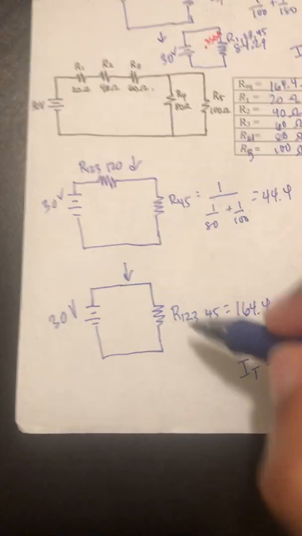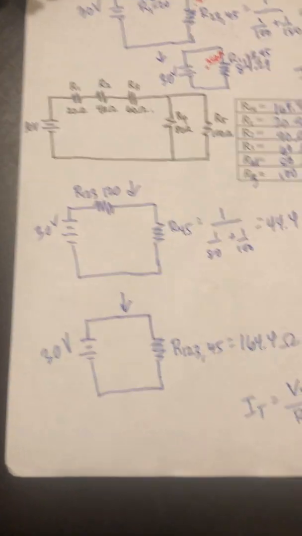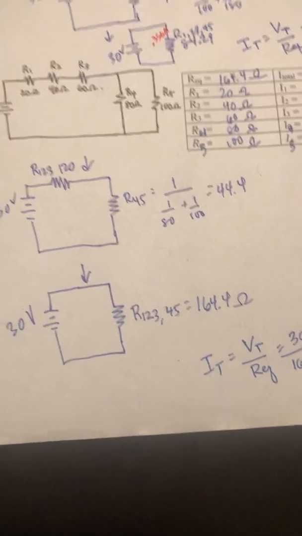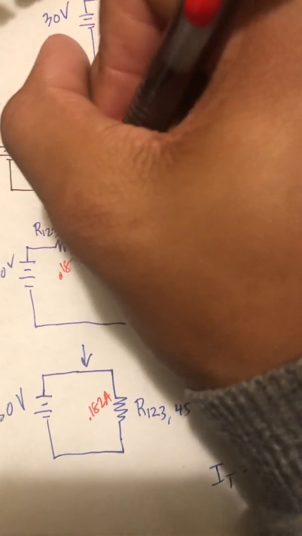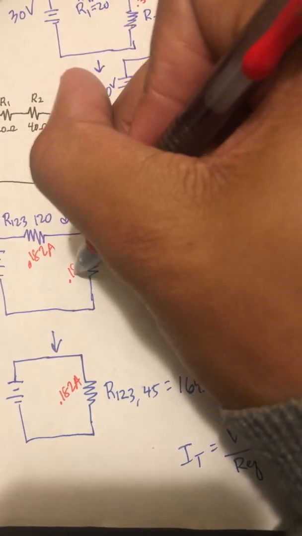Now, ask myself, how did I combine these resistors? I combined them in series. So if I combine them in series, if this is 0.182 amps, that means this is 0.182 amps, this is 0.182 amps.